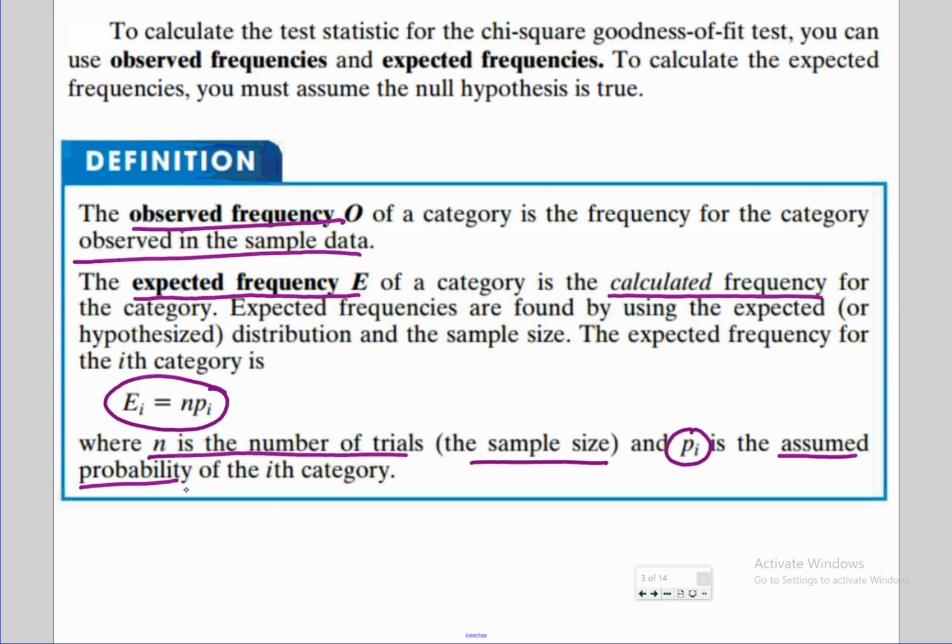So we just multiply the number of trials, or our sample size n, times the expected probability for that category, and we get the expected frequency. That's the first thing we're going to look at today, making sure we can get an expected frequency, because then we need that for our chi-square distribution.